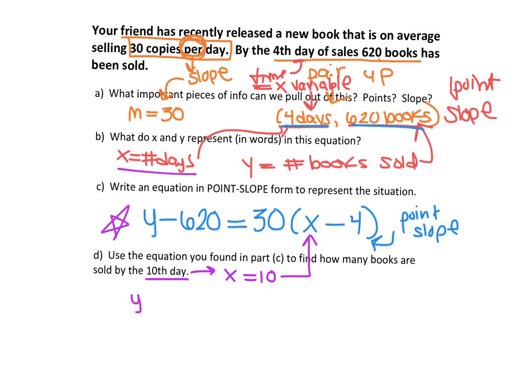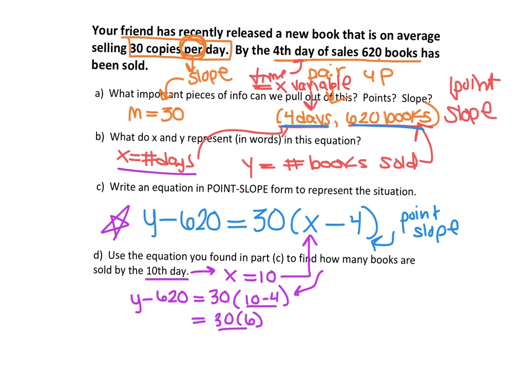So here I have y minus 620 is equal to 30 times 10 minus 4. And then I'm going to solve this for y by itself. I'm going to start just by simplifying the right-hand side, starting with the parentheses. So this is really saying 30 times 6.